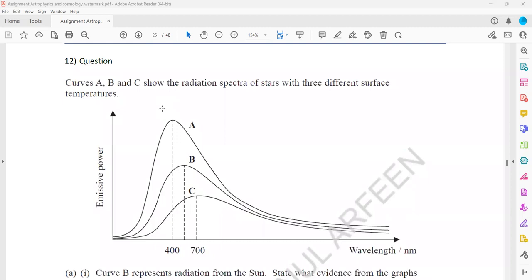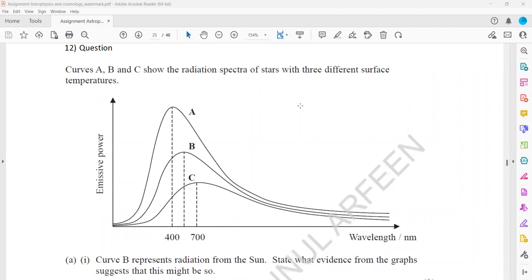In question 12, curves A, B and C show the radiation spectra of a star at different surface temperatures. As you can see, as the surface temperature increases, the peak wavelength decreases and shifts towards the shorter wavelengths. This is the intensity axis.